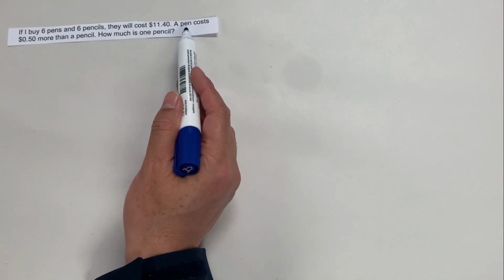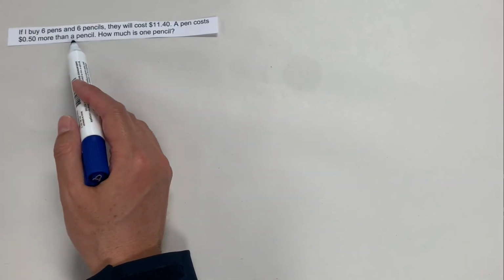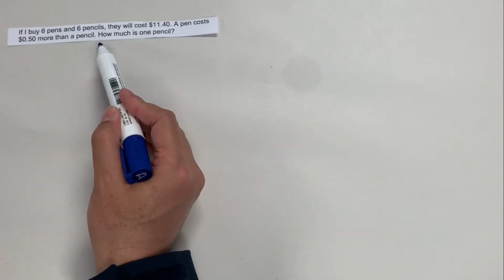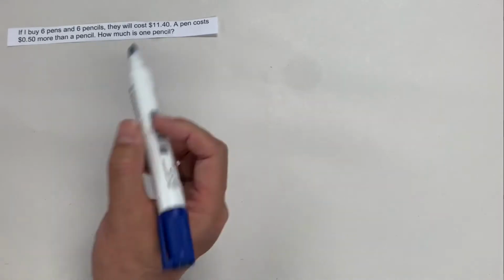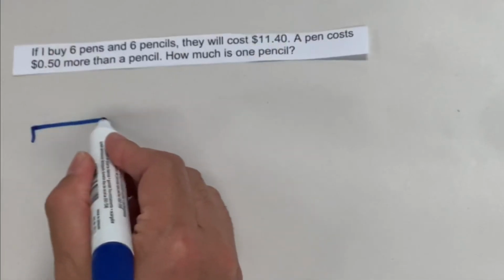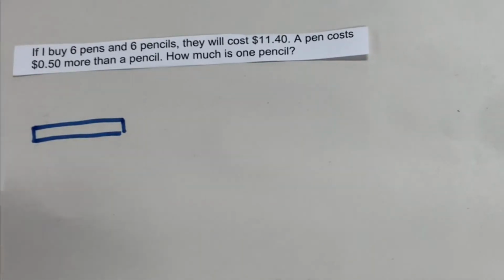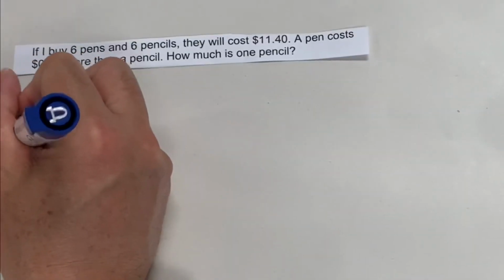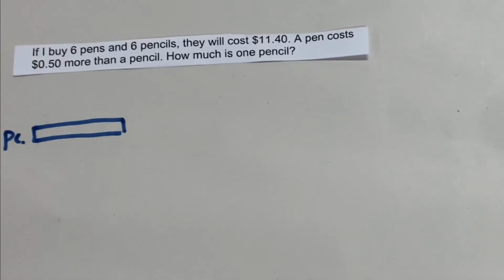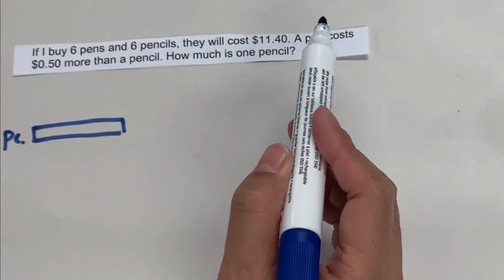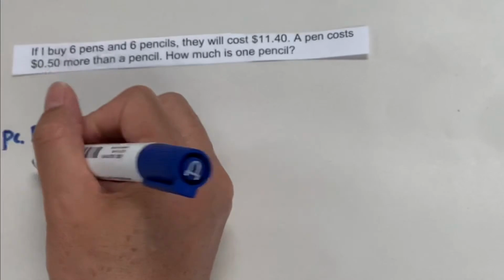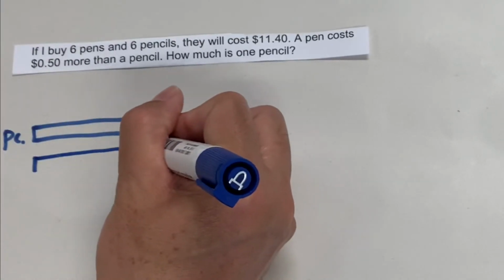But a pen costs 50 cents more than a pencil. The question is, how much is one pencil, right? So this is a pencil. And a pen costs $1.50 more. No, sorry, 50 cents more.